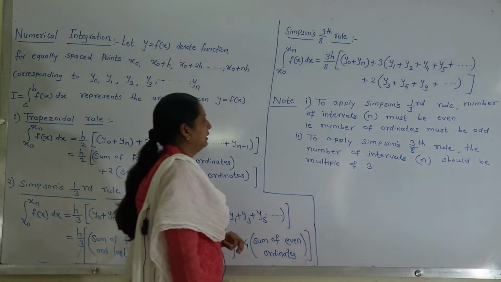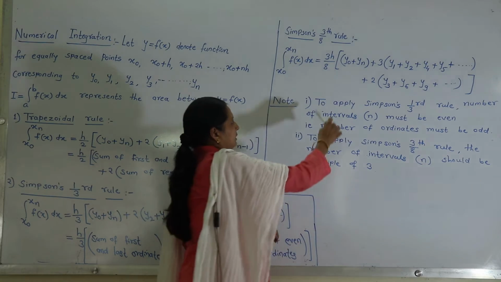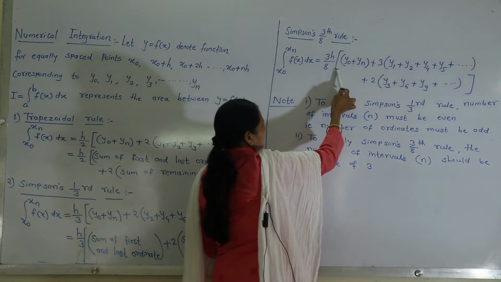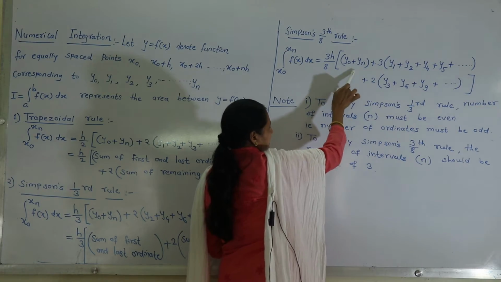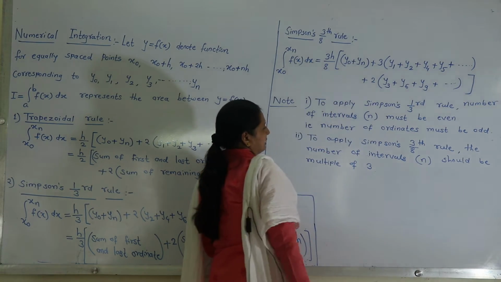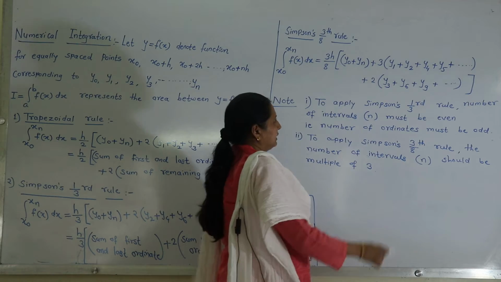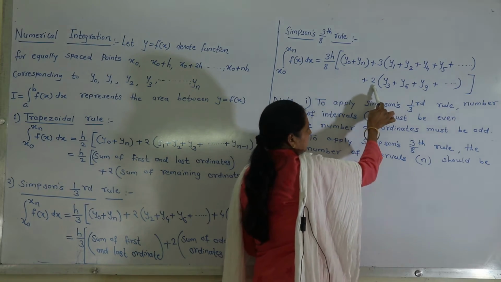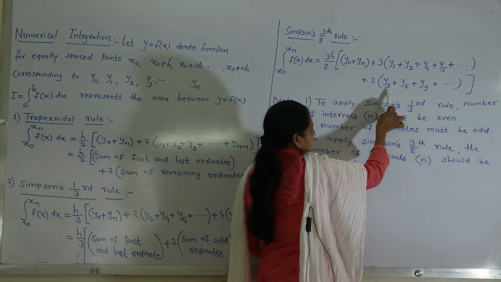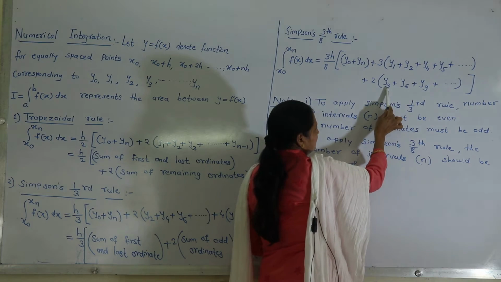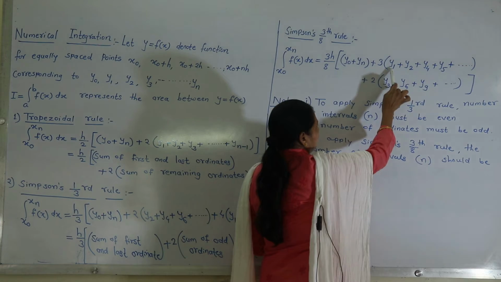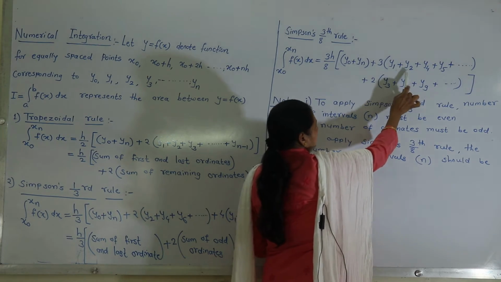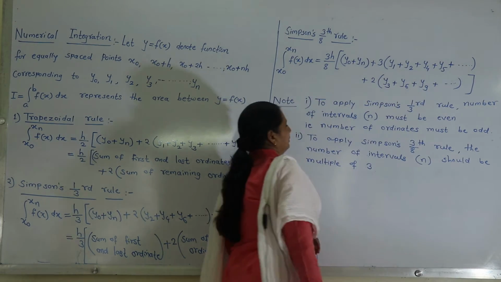For remembrance, 3h by 8 in bracket first plus last; this is common for all three formulae. But remember here that the 2 times multiplication is for suffixes 3, 6, 9, and the remaining ordinates y1, y2, y4, y5 are of the other type.